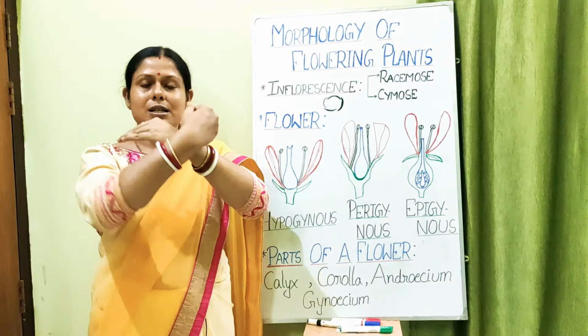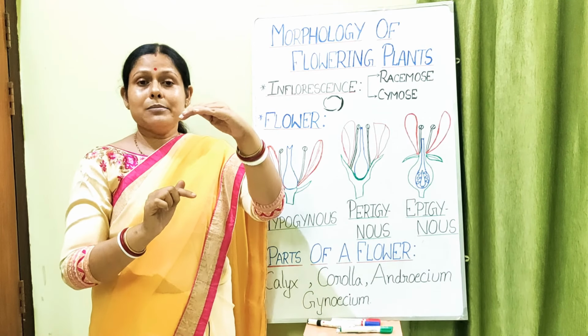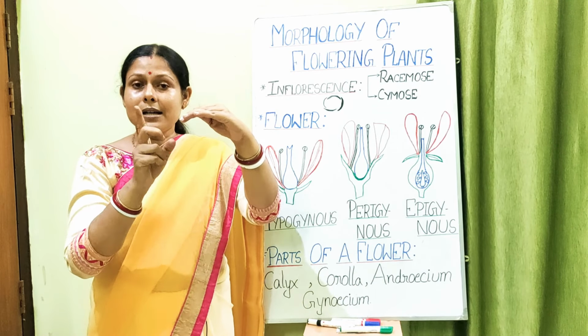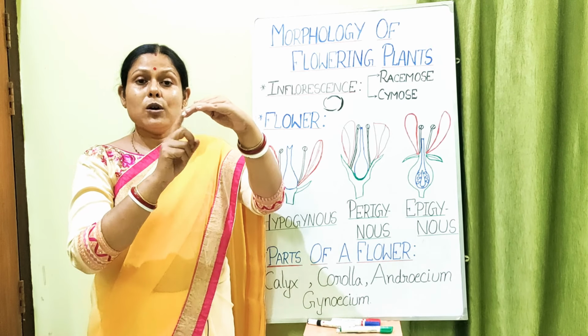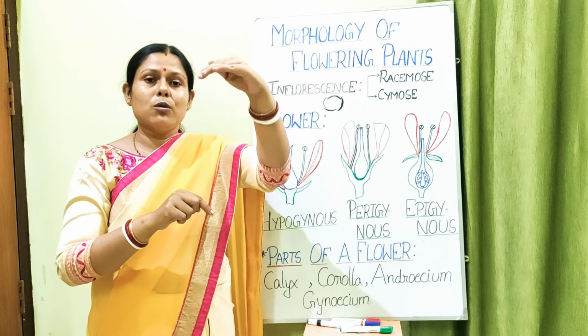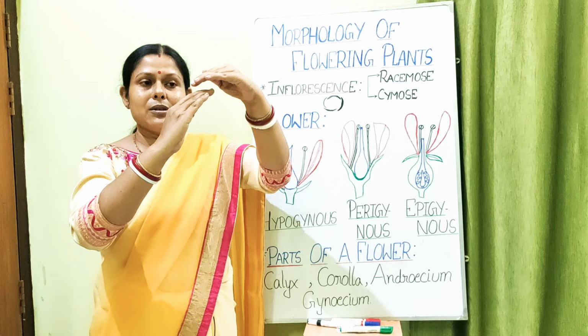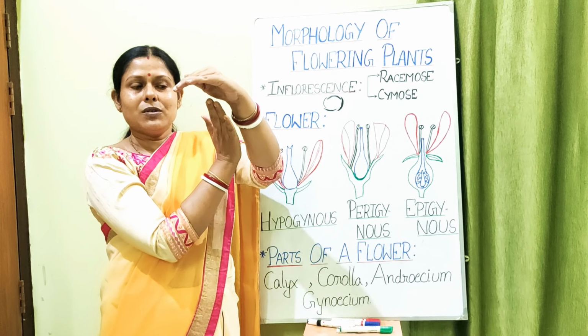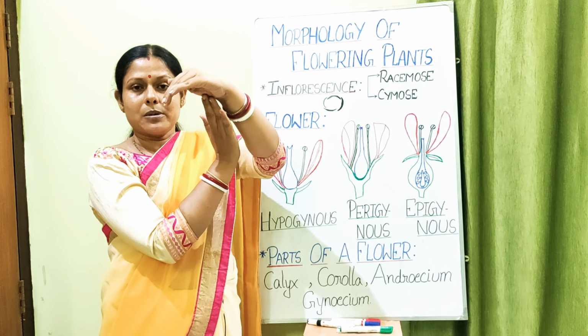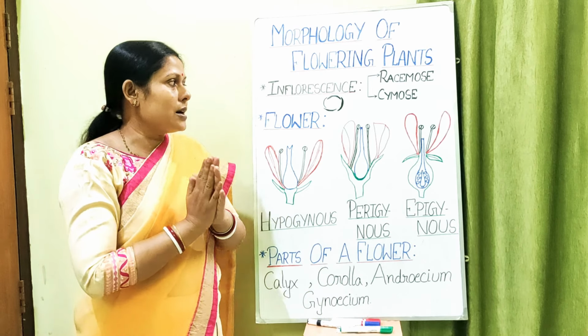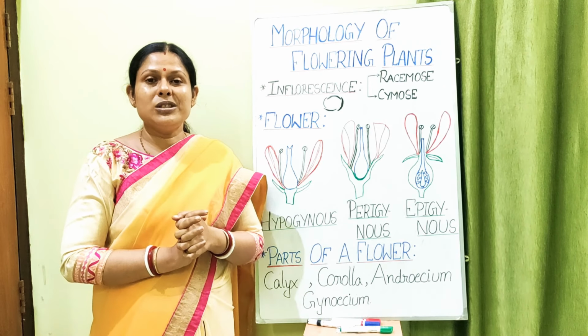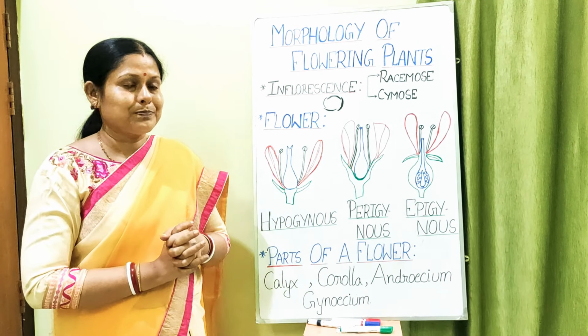From both the margins it will be overlapped, and another member will be overlapping the next two members from outside. So this is the fundamental difference between twisted and imbricate aestivation.